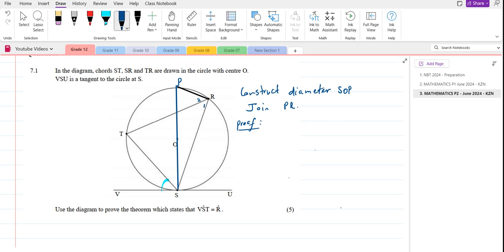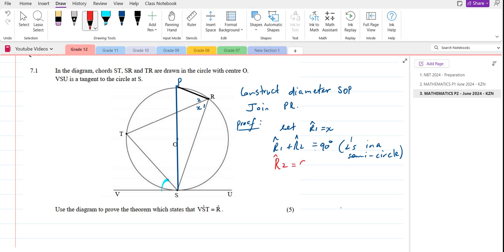So I'm calling that X. And we can say angle R1 plus angle R2 is equal to 90 because we have angles in a semicircle. How? Because that's the diameter. So angle R2 will now be equal to 90 degrees minus X. Perfect.